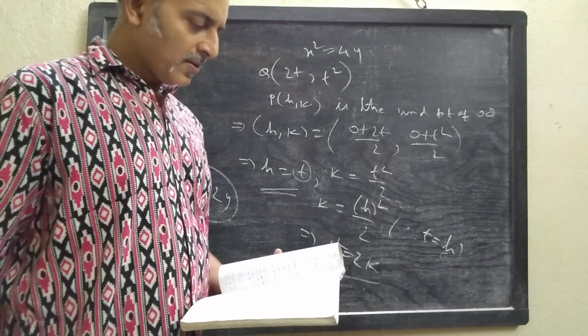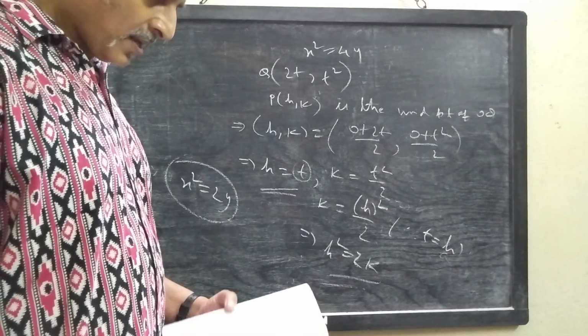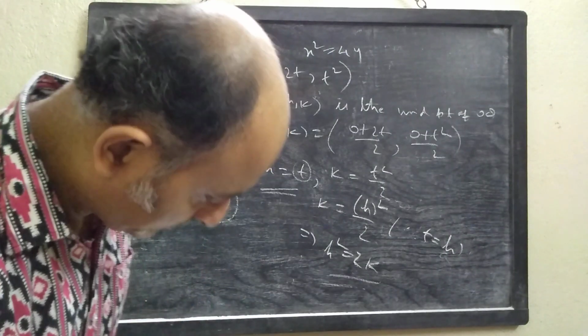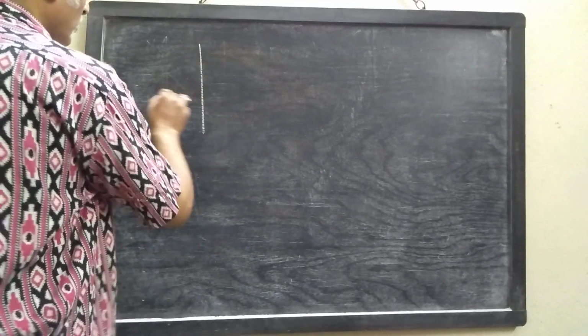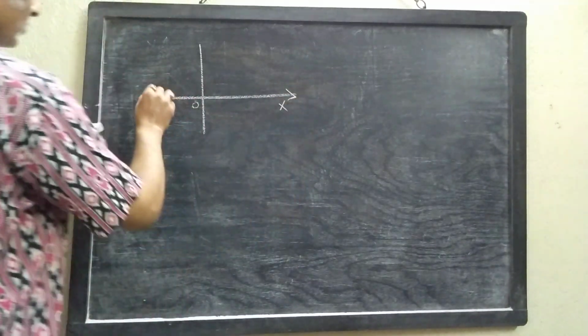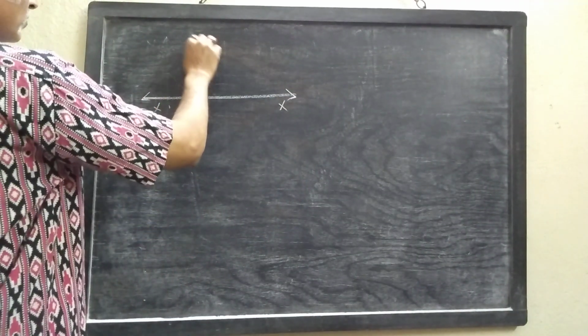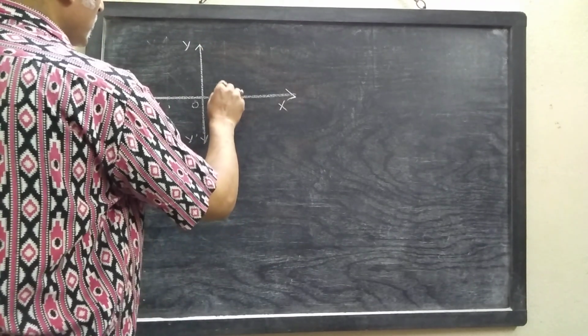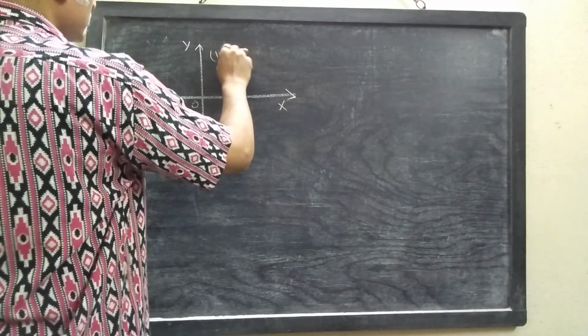Next question, find the locus of a point which is equidistant from (1, 3) and the x axis. This is (1, 3).